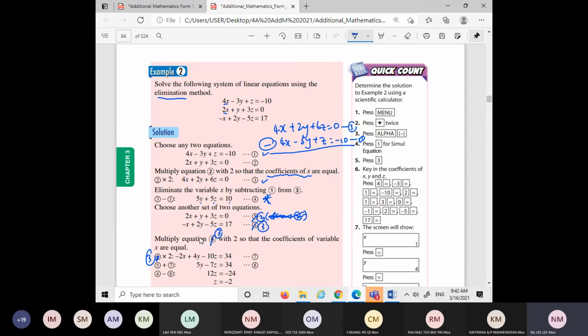Then next, 5 plus 7, or the 2 plus 7 actually, means this and this. Okay, you are going to do plus. You can write at the side. Okay, this is the second equation.